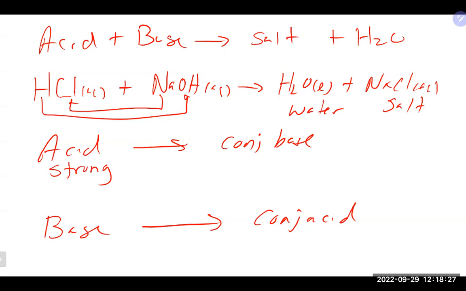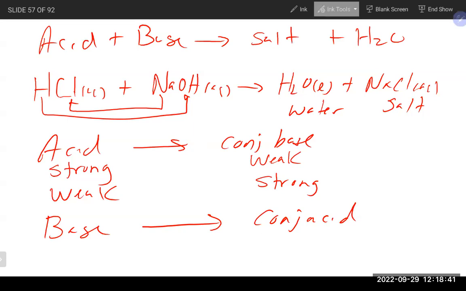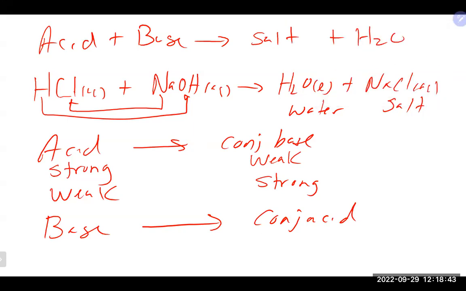It will be weak, right? It's an opposite relationship. If my acid is weak, my conjugate base will be relatively strong. So that relationship is really important here when we're talking about salts. And the same thing, obviously, for our base. If we have a strong base, a relatively weak conjugate acid. And if we have a weak base, a relatively strong conjugate acid in this particular case.